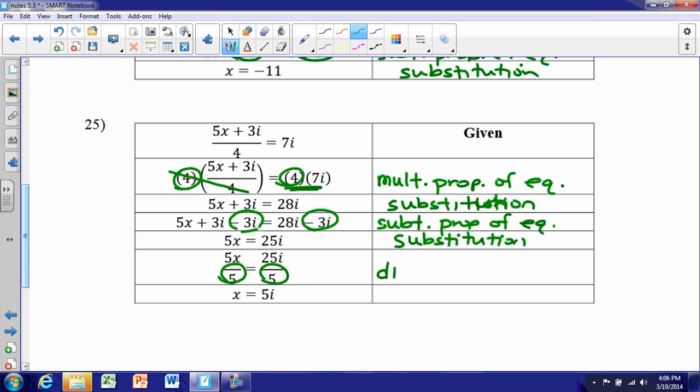Well, since I did the same thing on both sides, but I divided, that's the division property of equality. And of course, once you actually divide and you simplify, that is substitution again. All right. Hopefully you will be able to do some of these on your own.